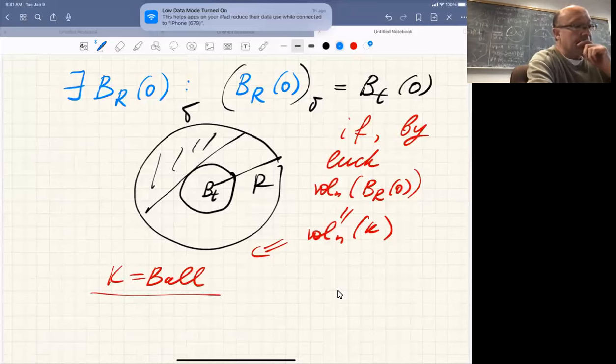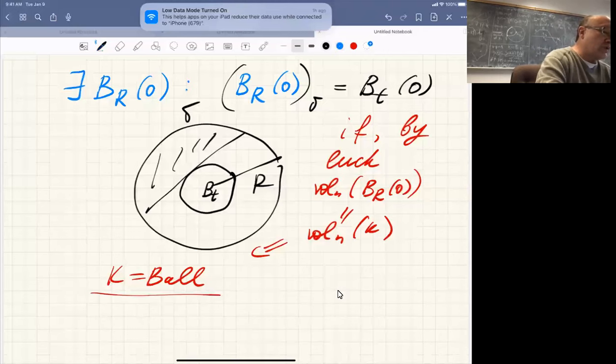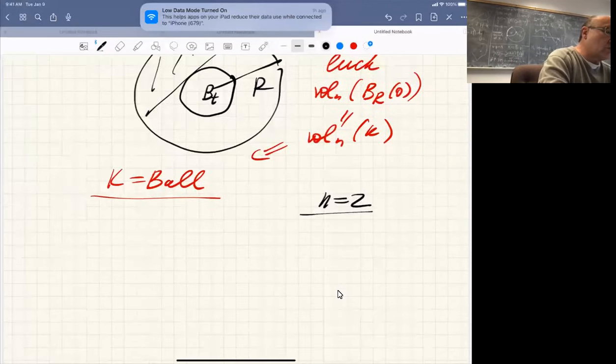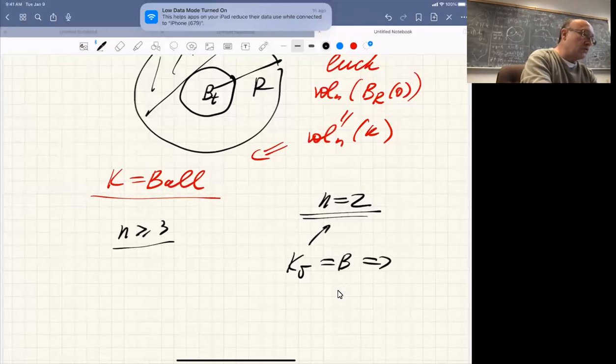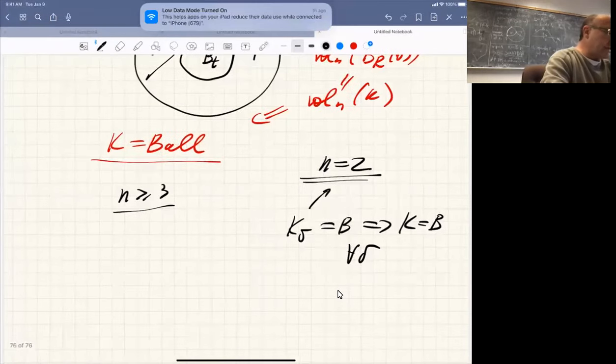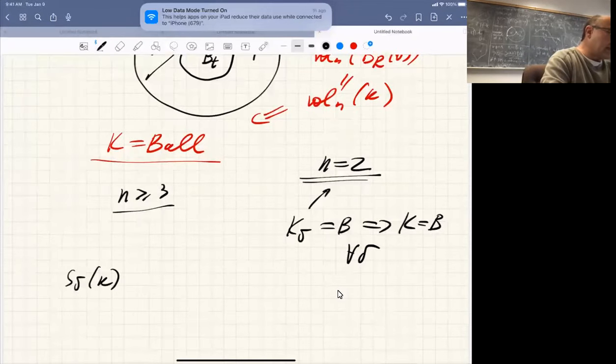Of course, I'm talking about n greater or equal than 3. If n is equal to 2, then both questions, it's a long story to enter, but this question is known for any delta, and the other question is also known, at least some things.